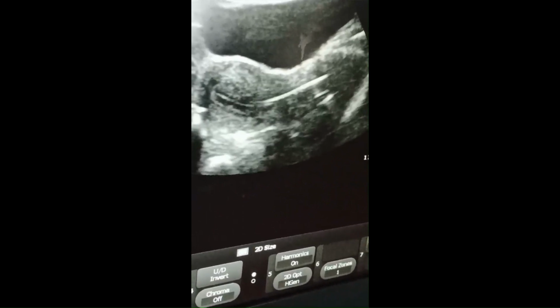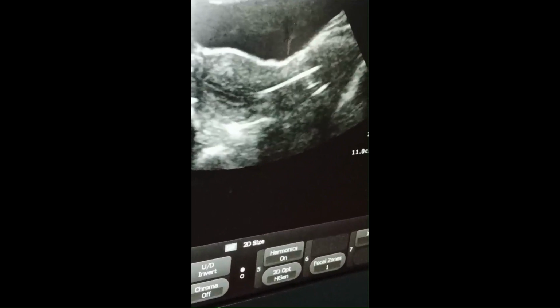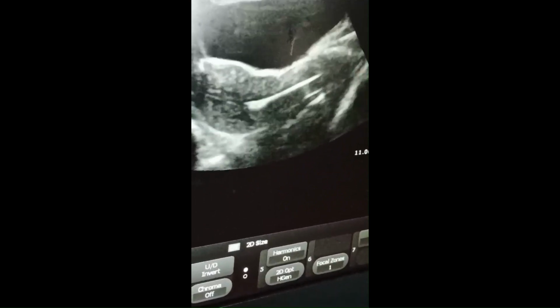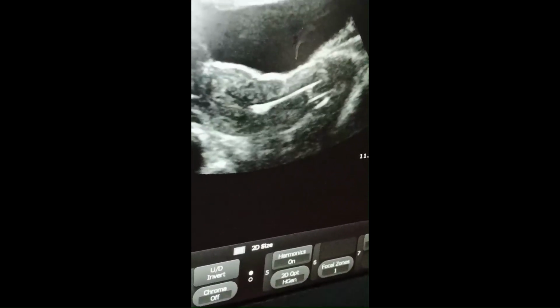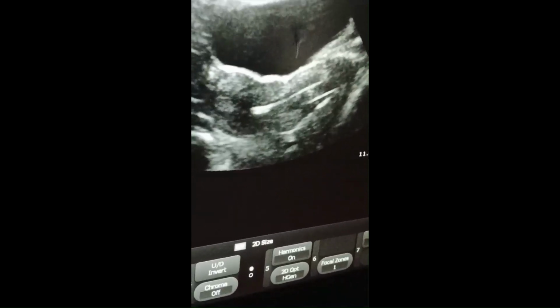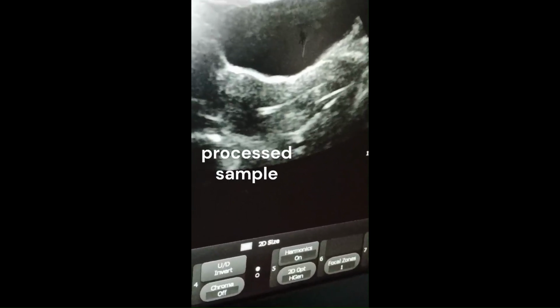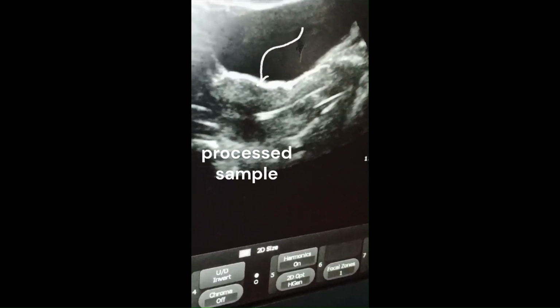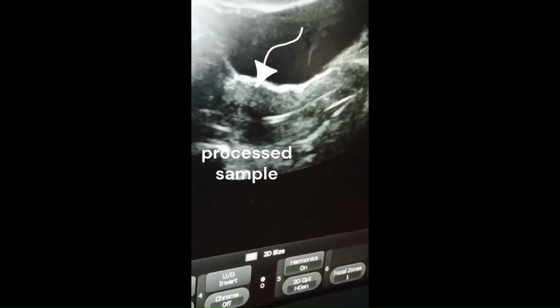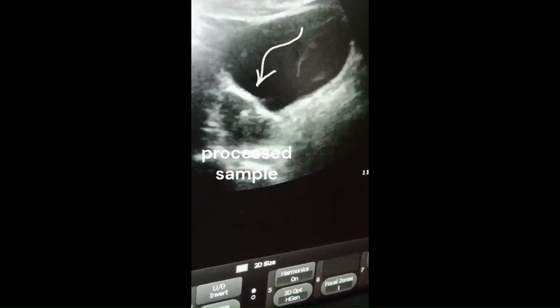Don't push it all at once because there would be regurgitation of the processed sample back into the cervical canal if you are in a hurry to push it all at once. Pushing little by little gives time for the sample to accommodate itself into different areas within the uterine cavity and thereby allows it to settle only and only in the uterine cavity.